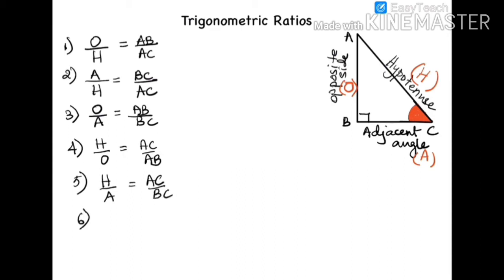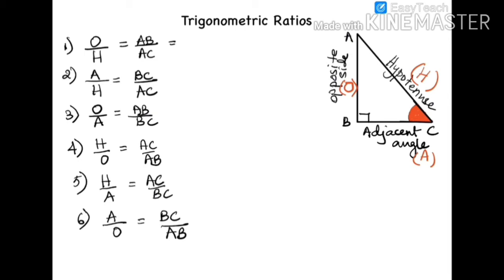And sixth ratio, adjacent upon opposite, which is BC upon AB. Notice that the fourth, fifth, and sixth ratio are reciprocal of first, second, and third ratio respectively. So we have formed 6 different ratios using 3 sides. Now each of these ratios are given a name.